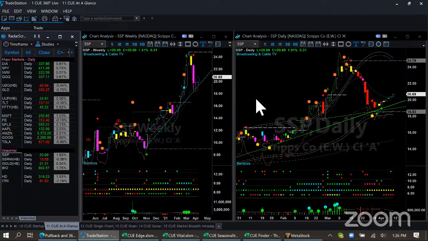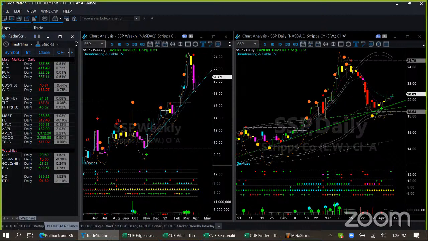Now SSP. This was one of the stocks that was affected by this Archegos, if I'm pronouncing correctly, the family office that went bankrupt. What happened to the stock? It sharply came down. Where did it come down to?